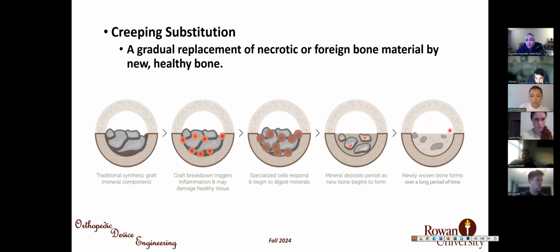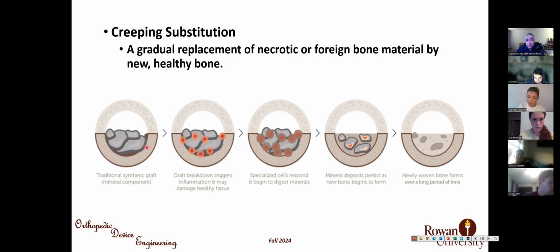At the end, the whole dead bone or bone graft is resorbed and nothing is left, but the location is replaced by new bone. That is how bone grafts and dead bones and bone substitutes work in our body, by a mechanism called creeping substitution.